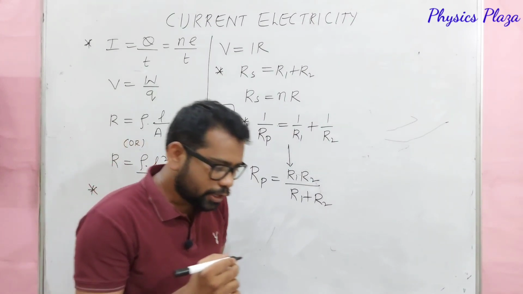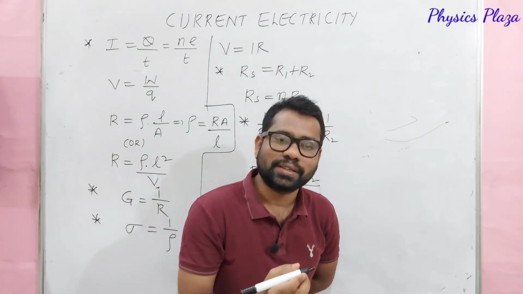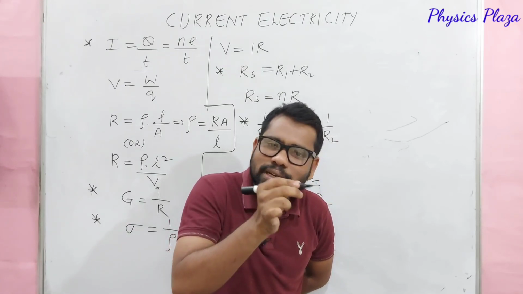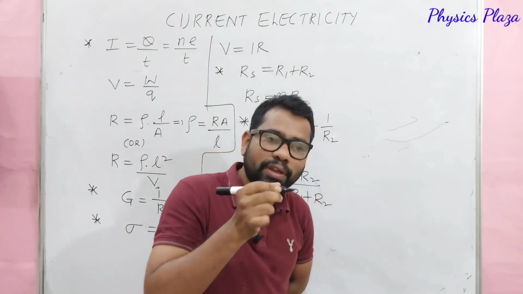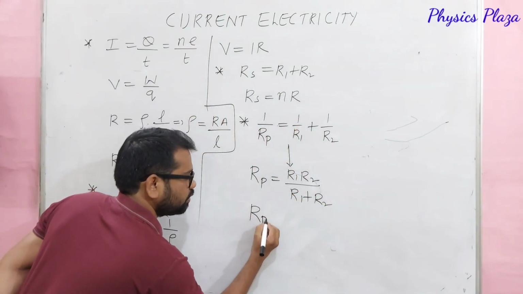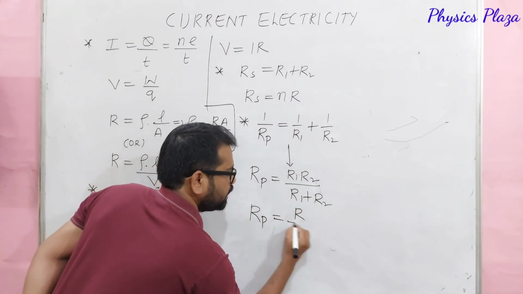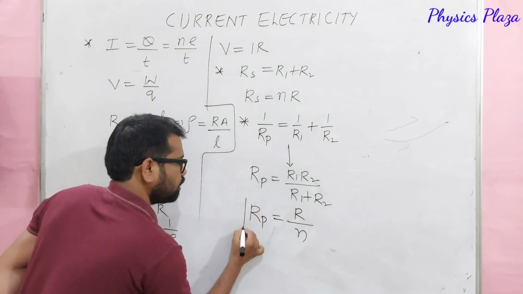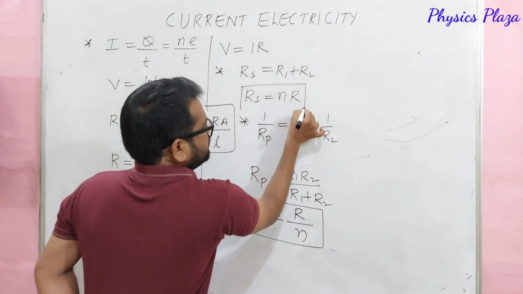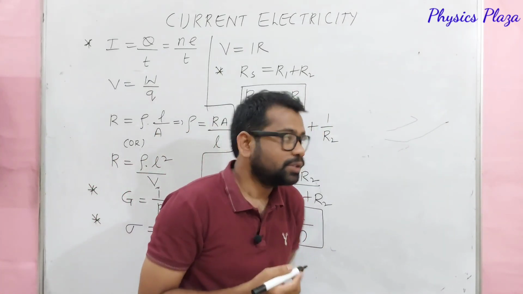Dear children, if n resistors are given, each with the same resistance, and they are connected in parallel, then how to calculate the resultant resistance? In that case Rp is equal to R by n. So this is how we can calculate the resistance in series combination and parallel combination.